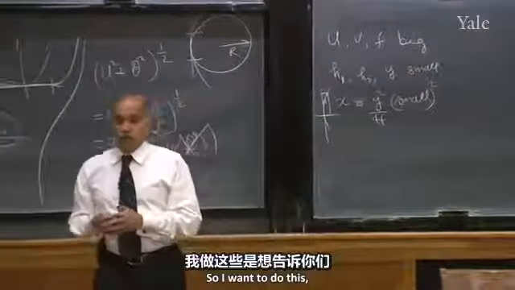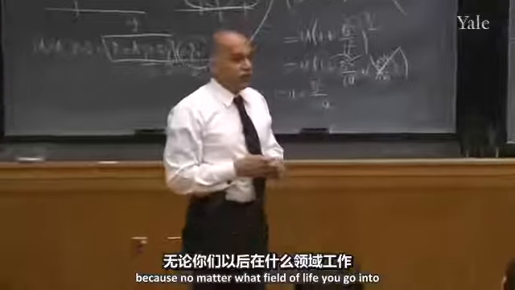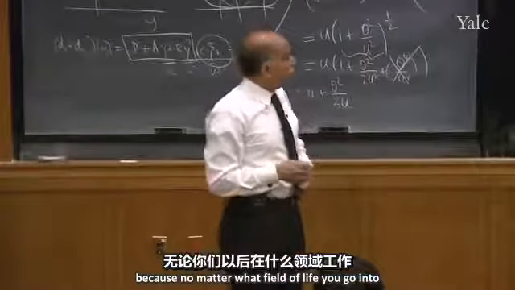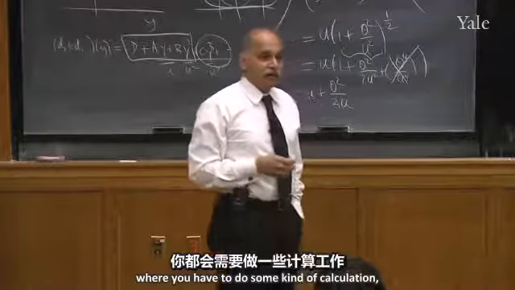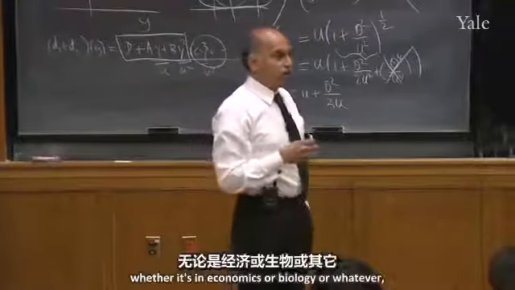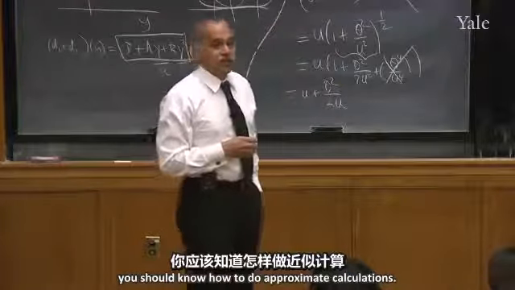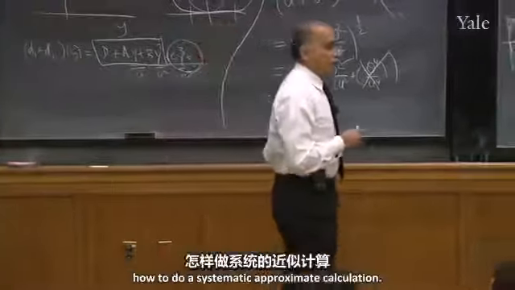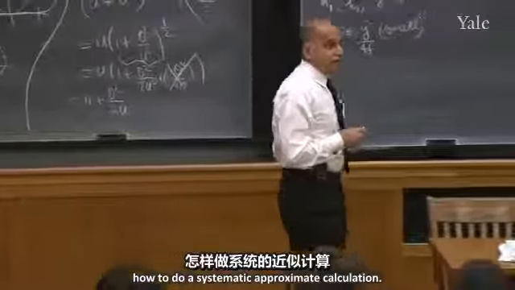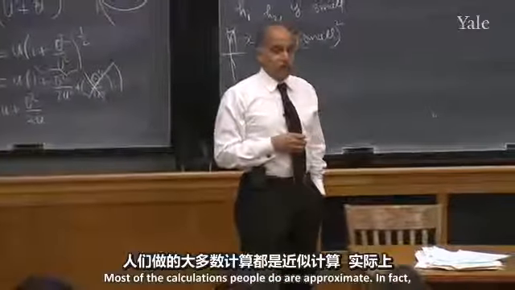I want to do this because no matter what field of life you go into, well, not every field, but in most fields where you have to do some kind of calculation, whether it's in economics or biology or whatever, you should know how to do approximate calculations. I'm trying to show you how to do a systematic approximate calculation. Most of the calculations people do are approximate.